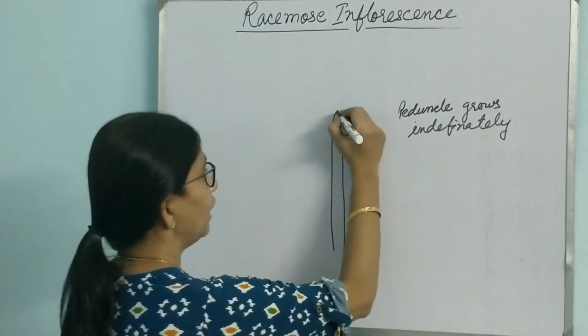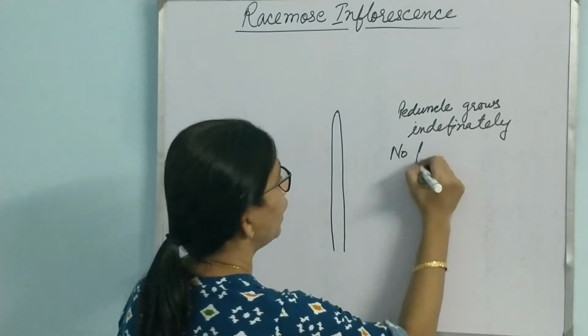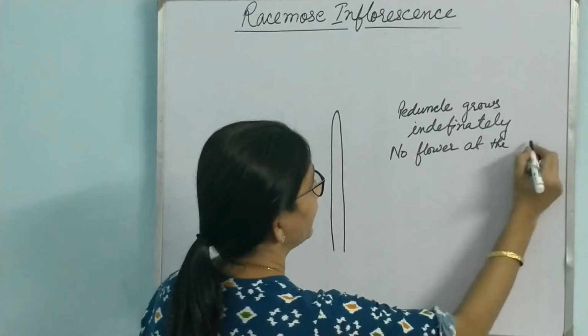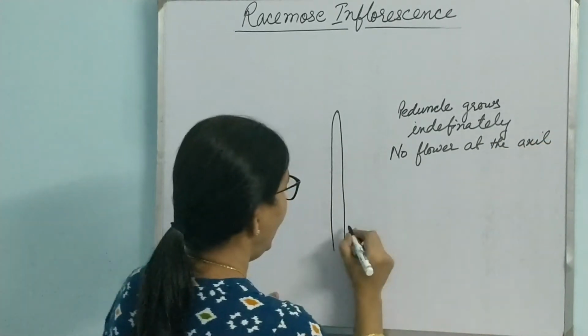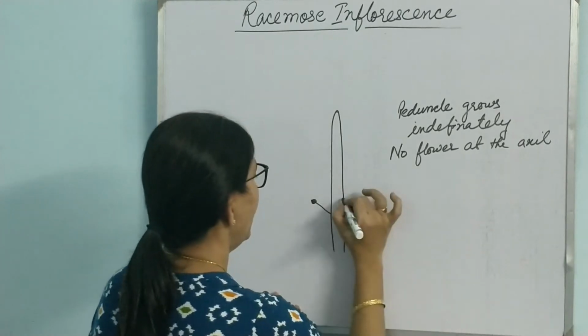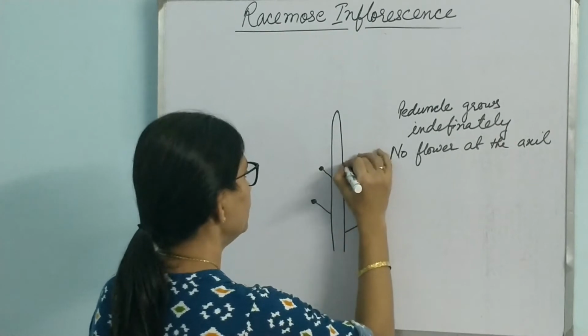There is no flower at the terminal point. No flower at the axil, and the development is acropetal. What do we mean by acropetal?